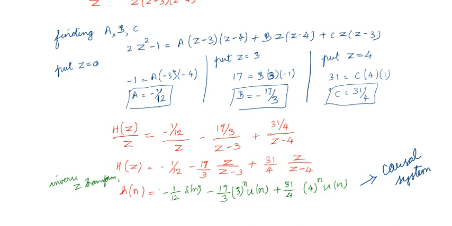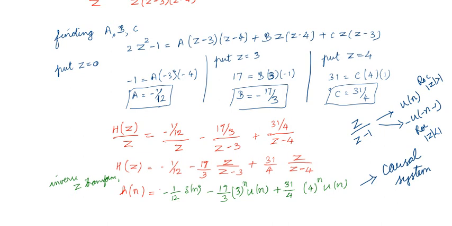For Z by (z minus 1) there are two inverse Z transforms, u of n and minus u of (minus n minus 1). Both are correct. The only difference is that for the first, the ROC is |z| greater than 1, and for the second, the ROC is |z| less than 1. So it should be very clear.